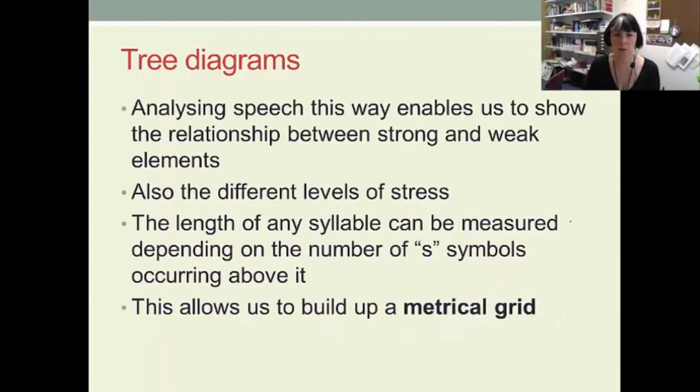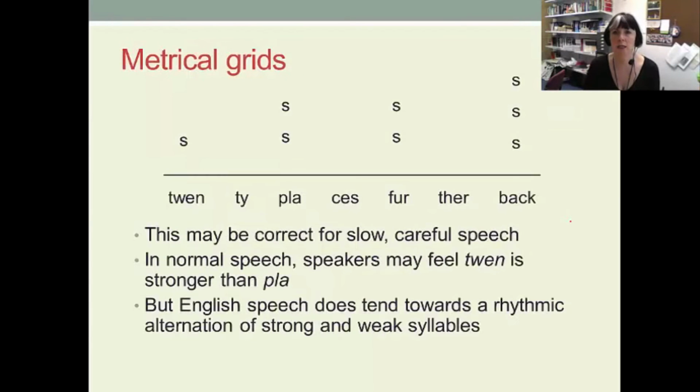And we can use this to build up something called a metrical grid. So analysing speech this way enables us to show the relationships between the strong and weak syllables and the different levels of stress. And if we look at a metrical grid, we can see that it's going to look something like this for the utterance we were looking at, twenty places further back, and that's assuming that this is produced with no prior context.